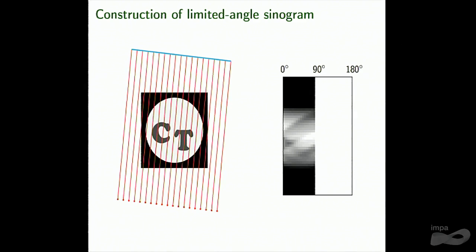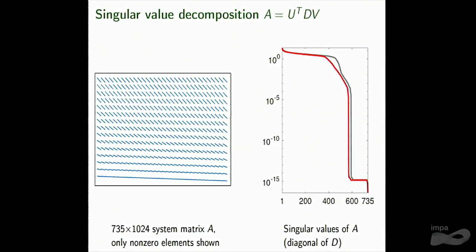Previously, we went all the way up to 180 degrees, but here we have to stop. So now we have a part of the matrix we had before.